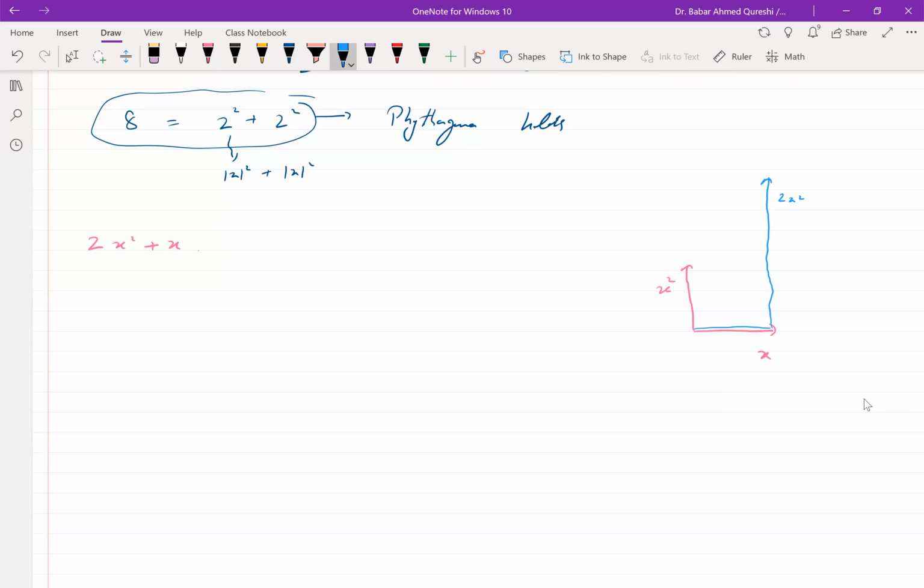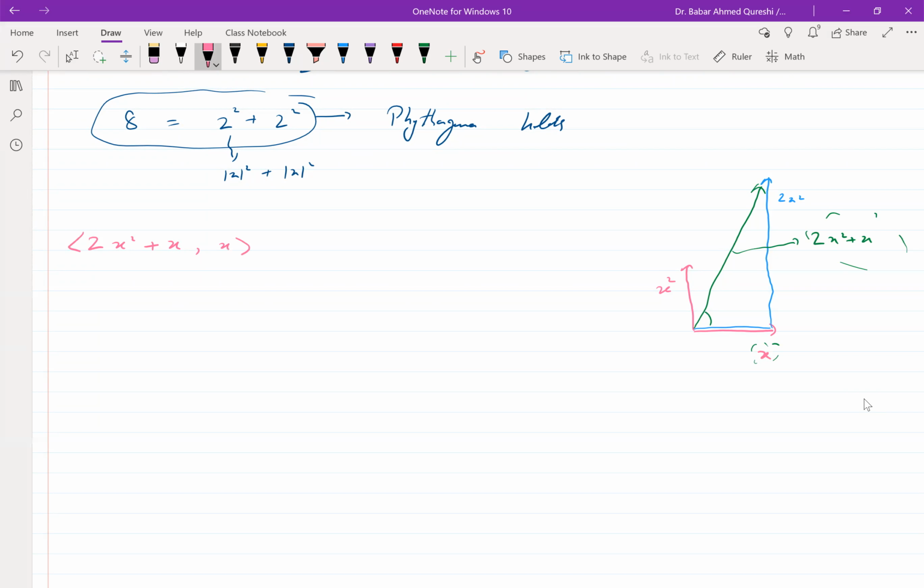So the sum would be this vector. And now this vector would be representing this polynomial. Now I can see that the angle between this polynomial and this x should not be equal to 90 or 0. There's some finite angle between them, and I can check it.